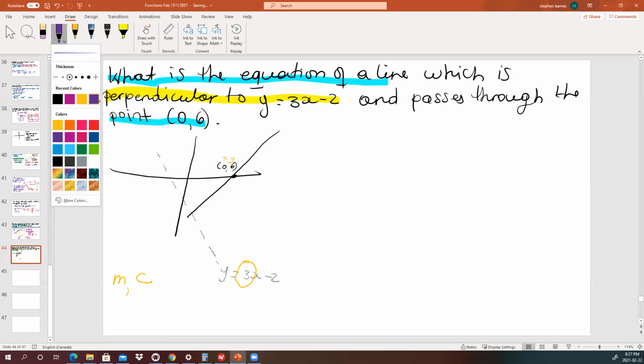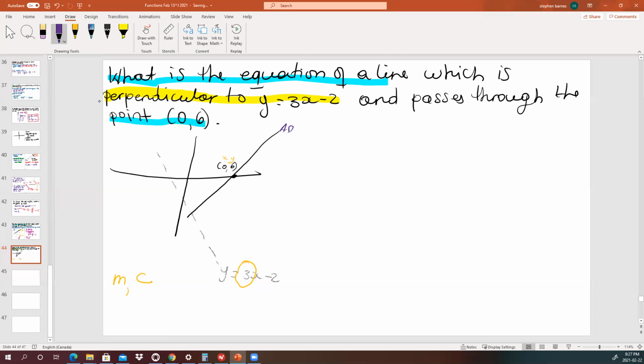So I'm going to call this line AB as usual, and call this one CD. So the gradient of AB multiplied by the gradient of CD should be equal to -1, and we know that because we are told they're perpendicular lines.